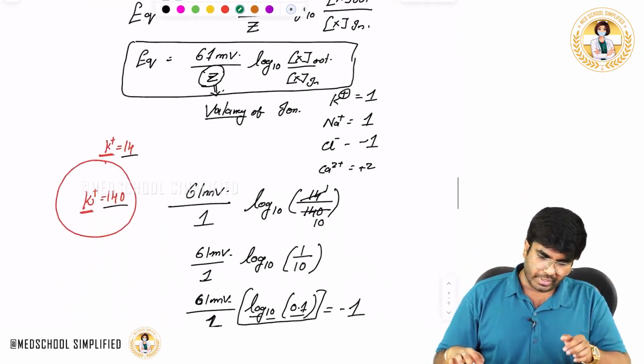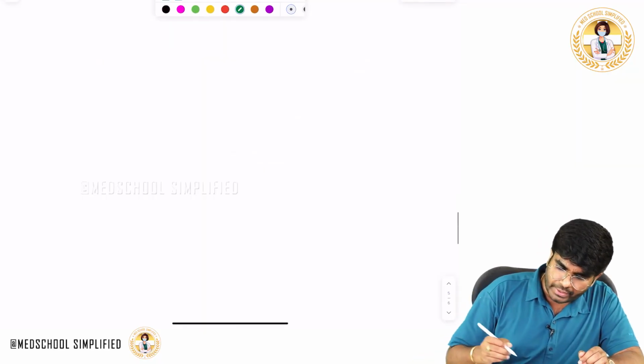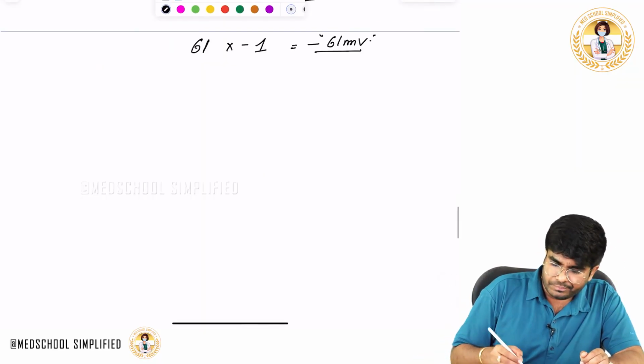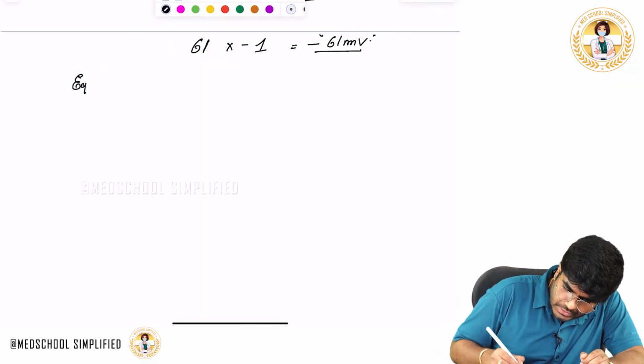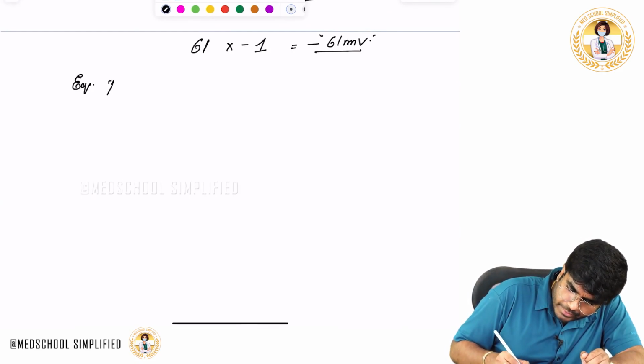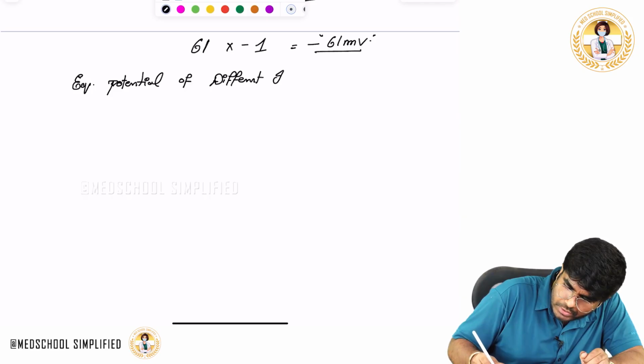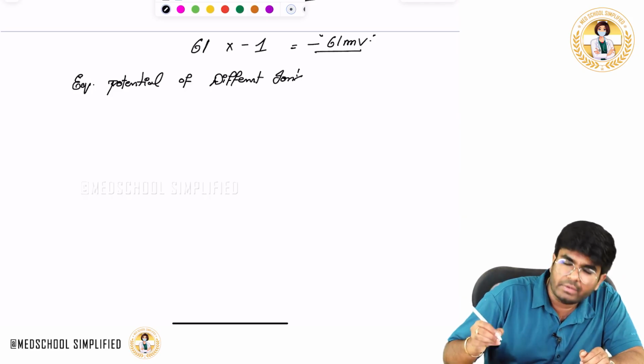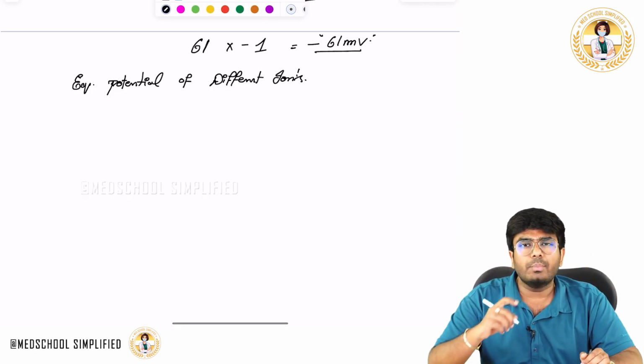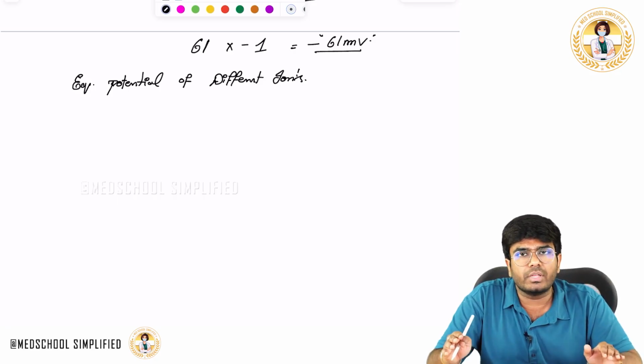For example, let me write here the equilibrium potential of different ions. These are constant values, you should learn them by heart. At equilibrium potential, the net movement of potassium is 0, the net movement of sodium will become 0.